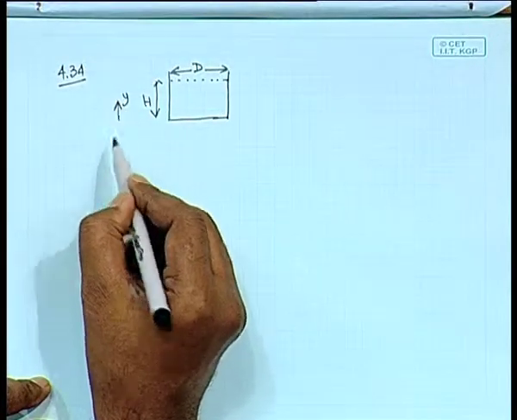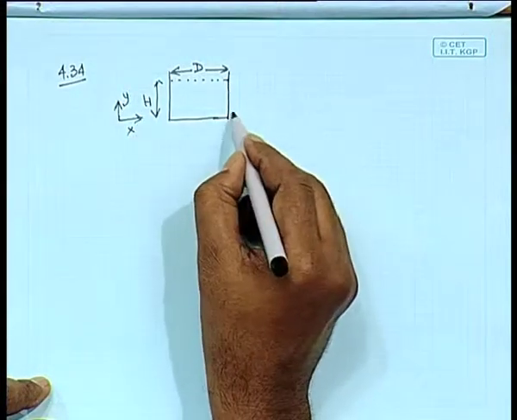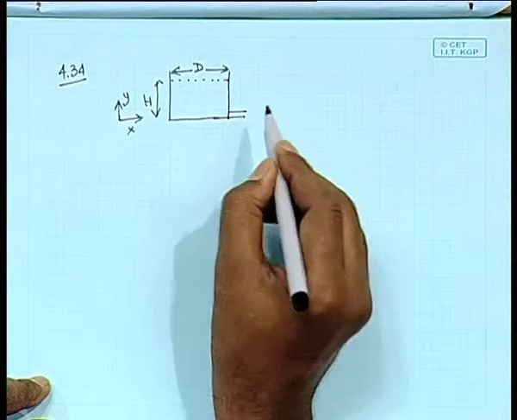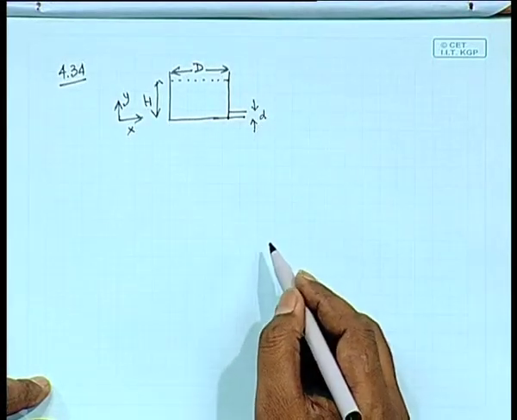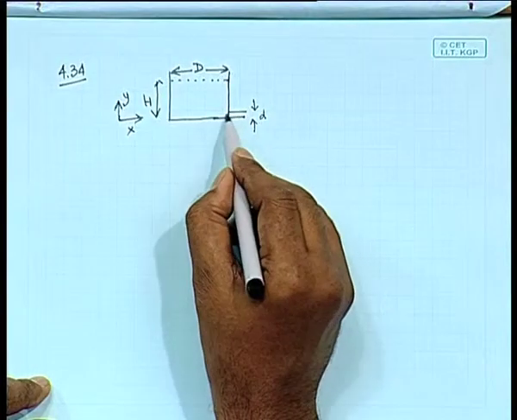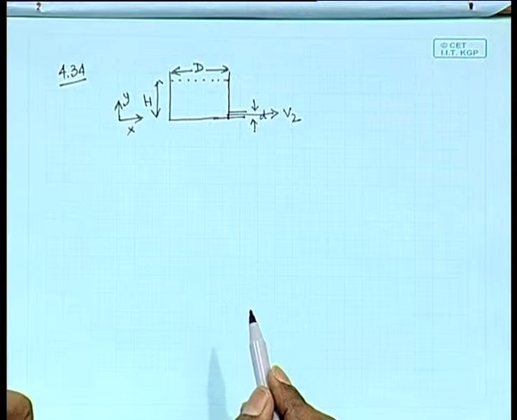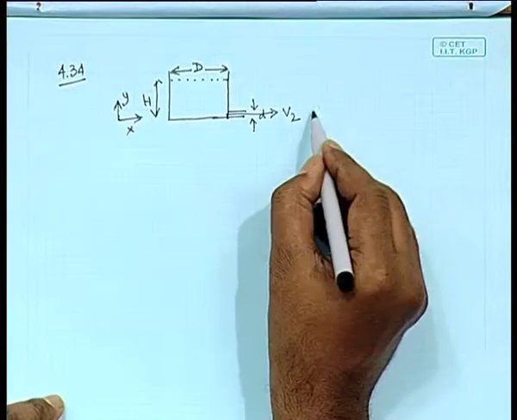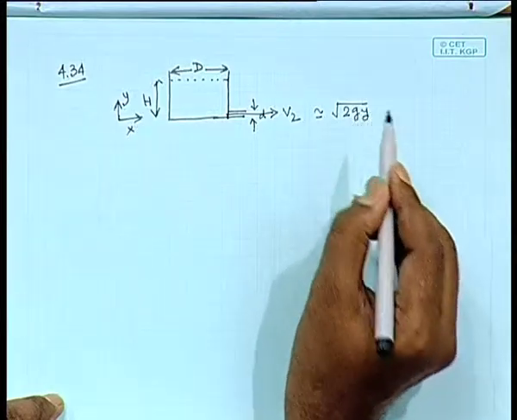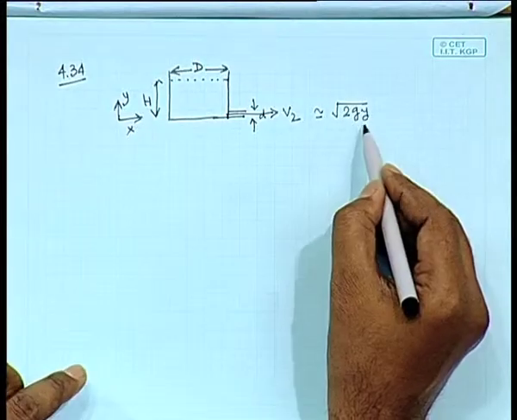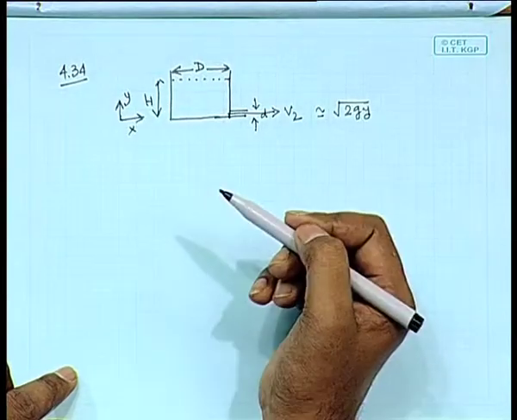Y is measured from the bottom, this is x, and you have a small cylindrical outlet of diameter d, and liquid will be draining out with a velocity V2. It is given that V2 is roughly approximated as root 2 g y at any instant of time, where y is the level of the liquid in the tank at that instant.